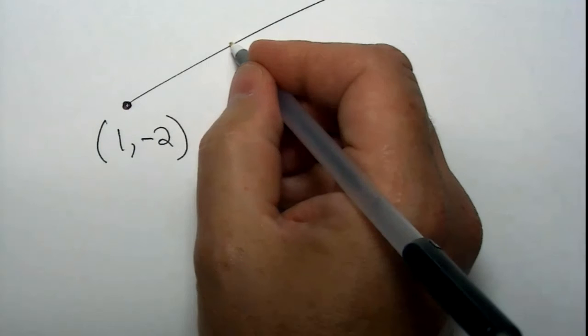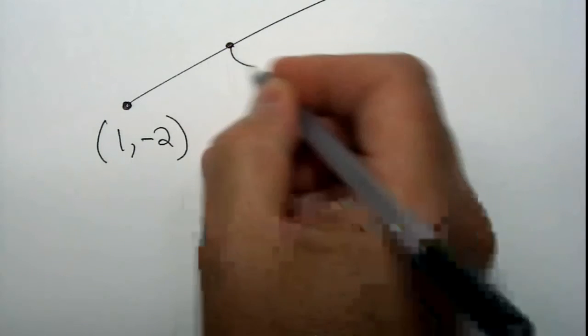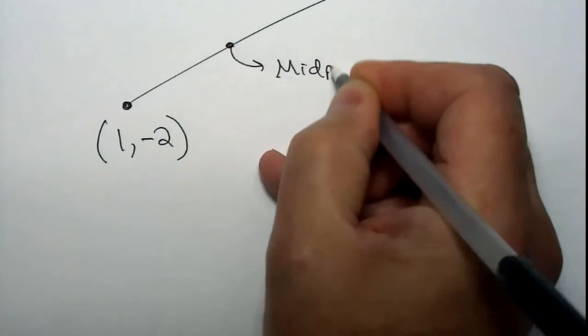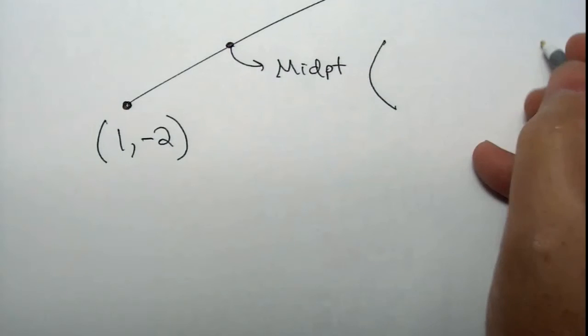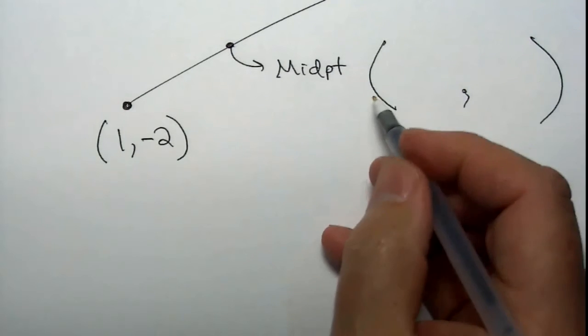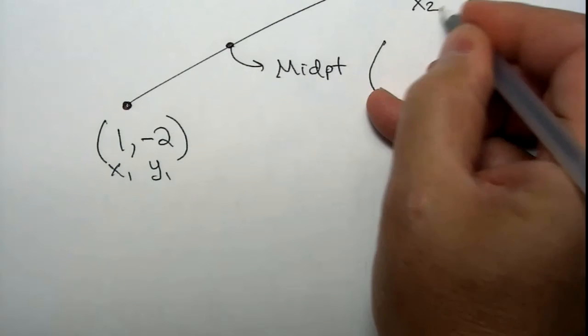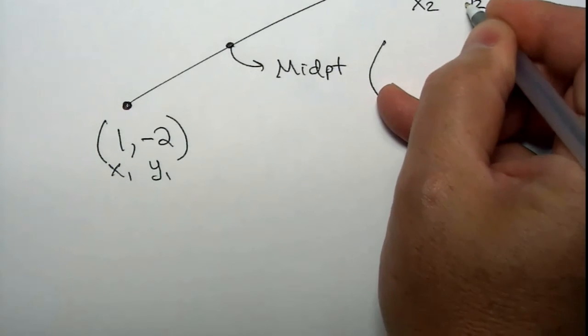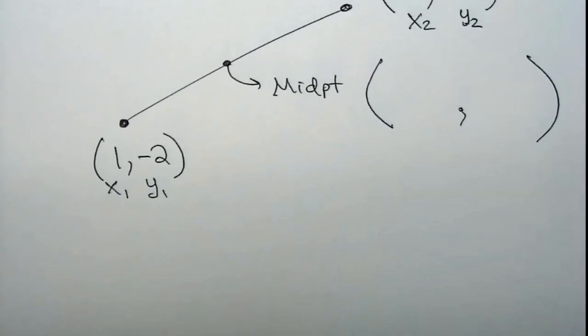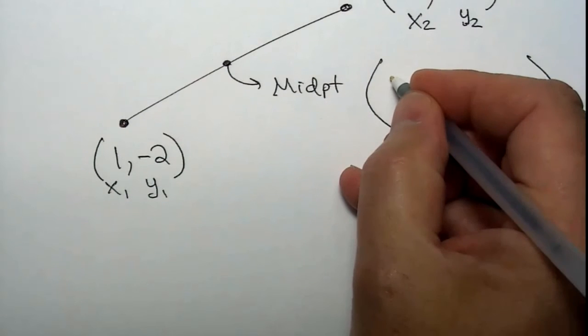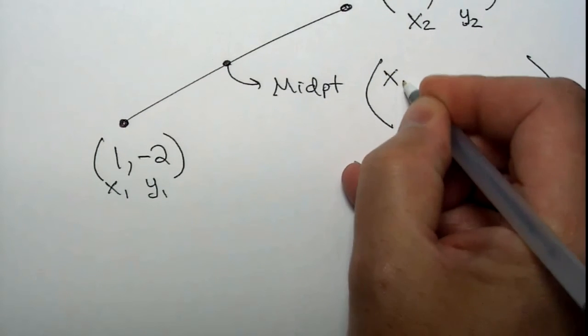And the first thing is, let's get the midpoint. Now, the midpoint is simply the average of the x's and the average of the y's. If I want the average of the x's, let's label these: x1, y1, x2, y2. The average is just like averaging 2 test scores together.